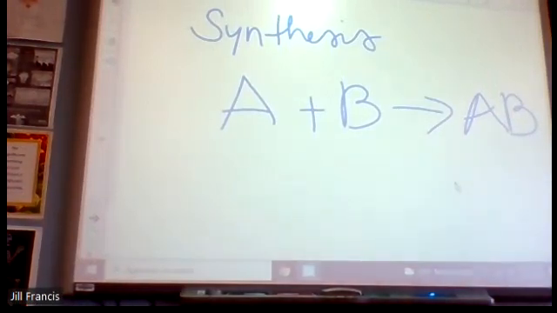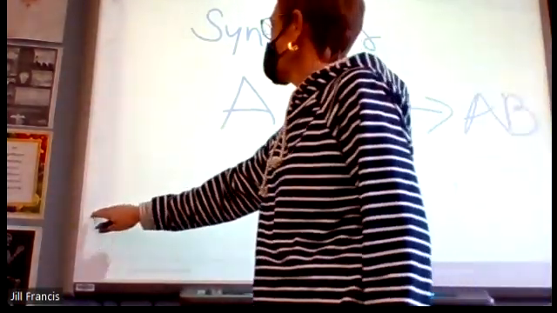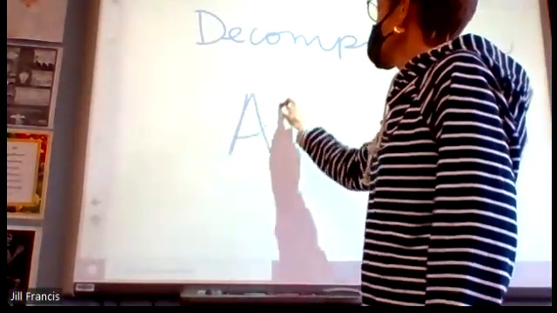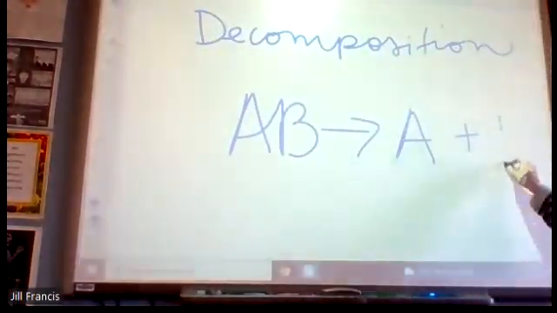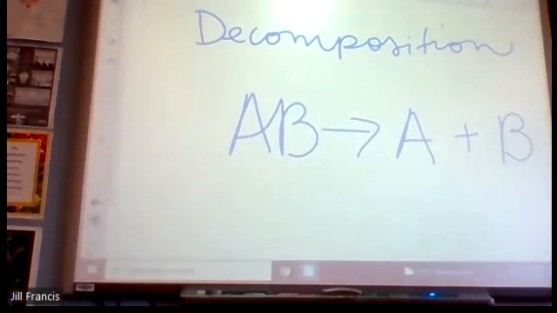So synthesis is usually one of the easiest ones to identify. Taking 2 things, combining them into one. Decomposition then is the opposite. We have 2 things together. They're going to break up into 2 separate things. Again, usually that's fairly simple to identify because you're starting with just one compound and then you end up with 2 products.